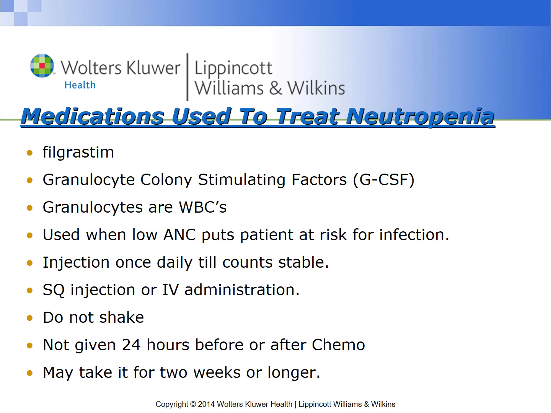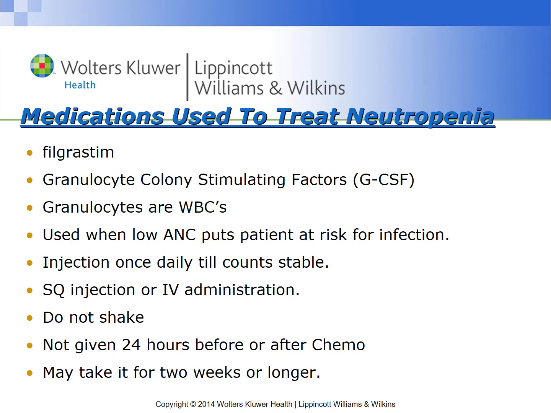So the medicine is filgrastim, and we use this when the patients have low ANC because the patient's at risk for infection. The injection is once daily until the blood count, the ANC, stabilizes.